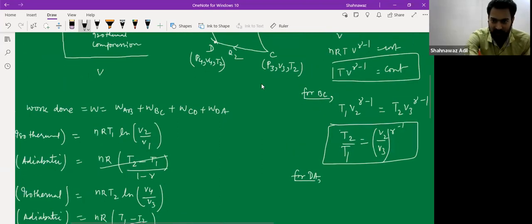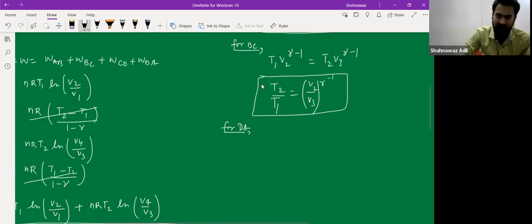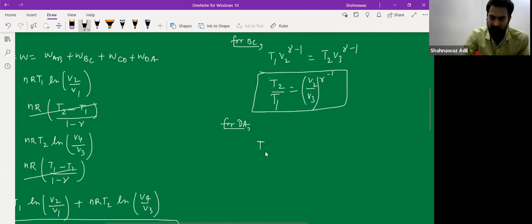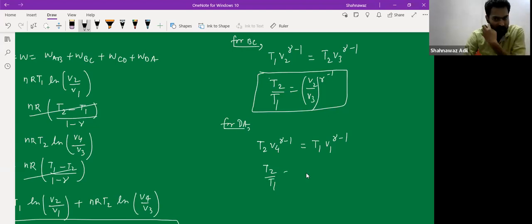T2 V4^(gamma minus 1), right? So T2 V4^(gamma minus 1), this would be how much? T1 V1^(gamma minus 1). So T2 by T1 would be what? T2 by T1 would be (V1 by V4)^(gamma minus 1), right?